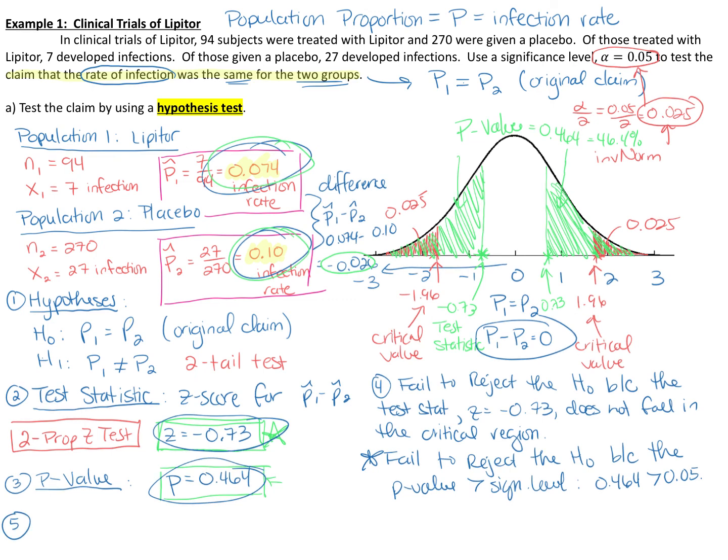Because we failed to reject the null hypothesis, and remember, I'll highlight here in yellow, that null hypothesis is also the original claim. So we're saying that we don't have enough evidence to warrant rejection of that claim. I would say exactly that. Let me use my pen, not my highlighter.